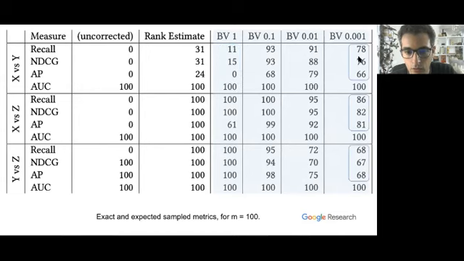On the other hand, when gamma is too low, the variance increases and the quality of the estimate starts to degrade for all pairs. In this particular example, it seems that gamma equals 0.1 gives the best overall improvement. But of course, the optimal value of gamma depends on the particular problem.